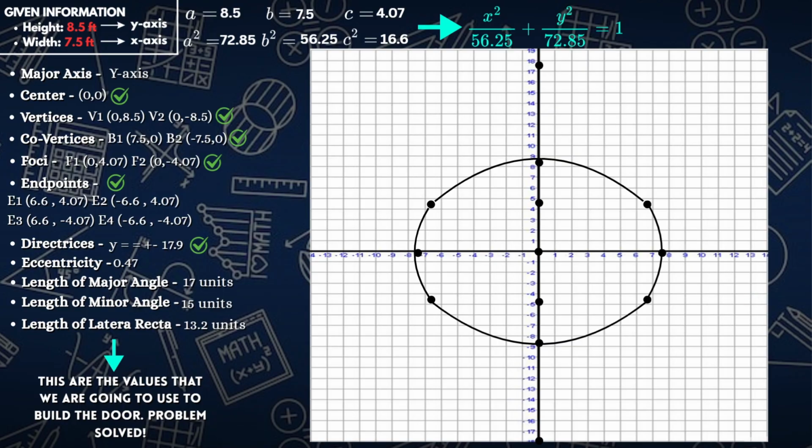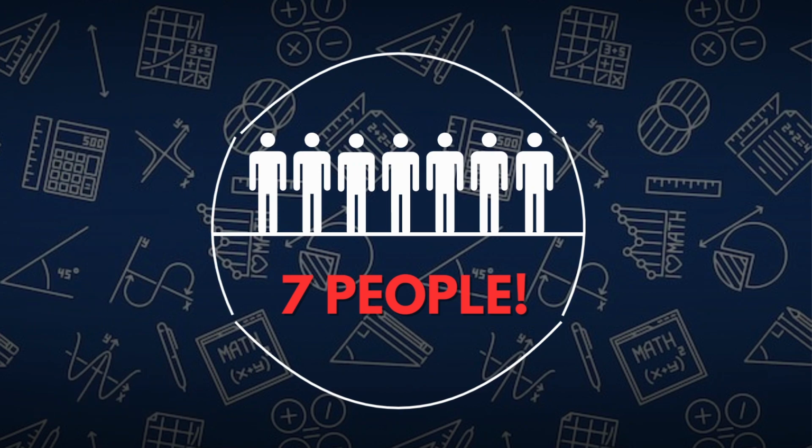Now this is the exciting part that I was telling you about earlier. I told you that the ellipse can house about 5 people, right? But when I estimated it, it can house 7 people. Can you imagine that?